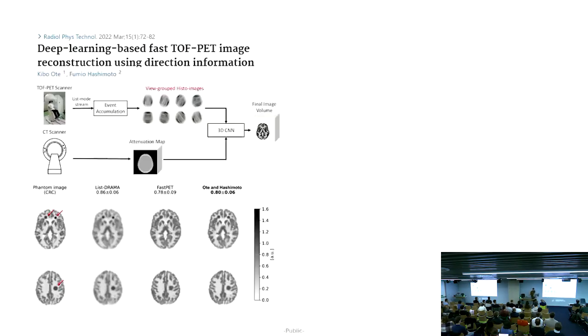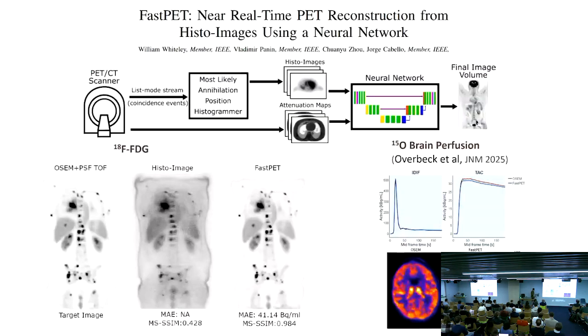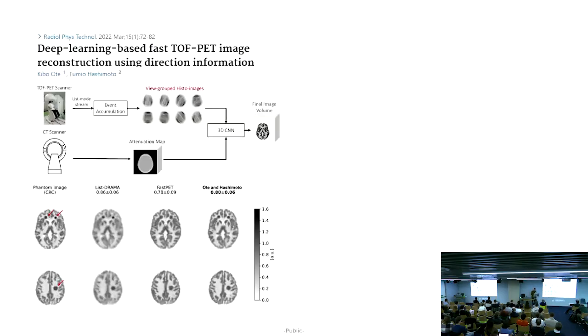Similarly, another vendor tried to say, okay, you can group these histo-projections into different views. This is from the Hamamatsu group. In order to make this approach better, again, the image, the attenuation map, and different histo-projections go to the network in order to predict the final image.